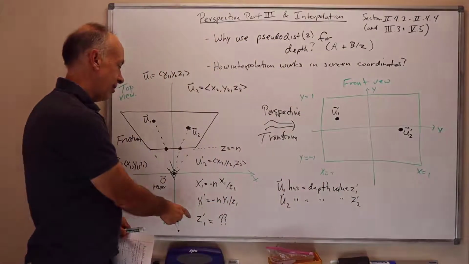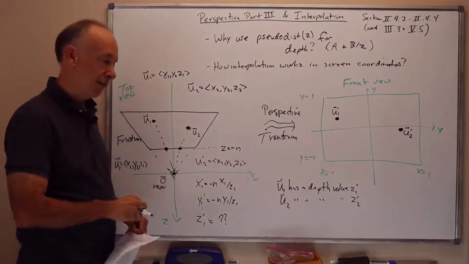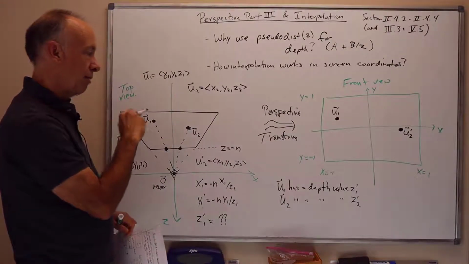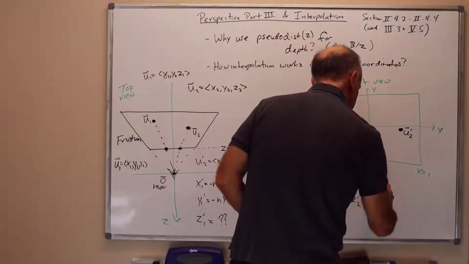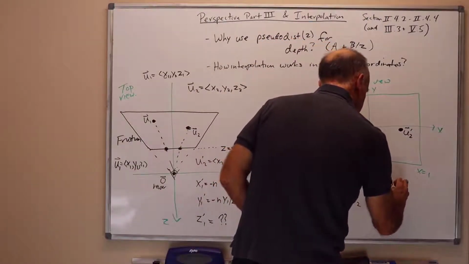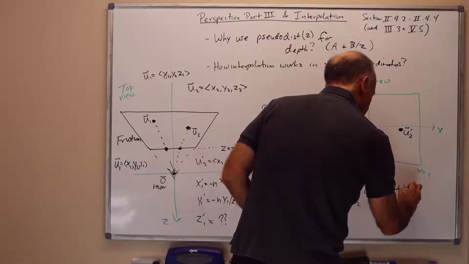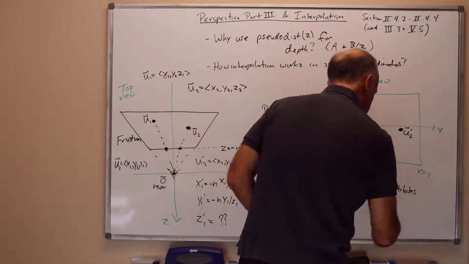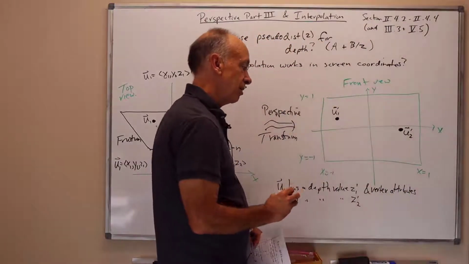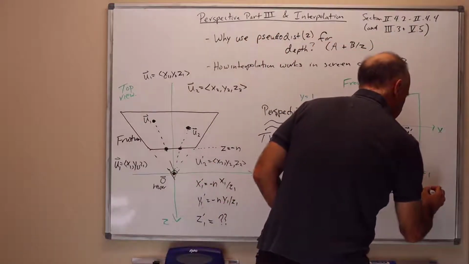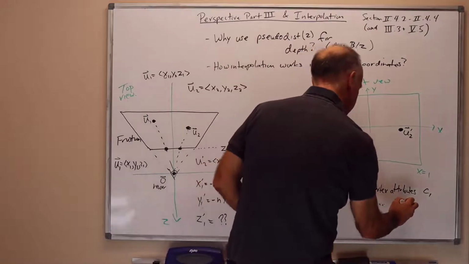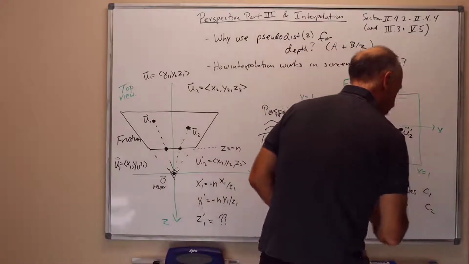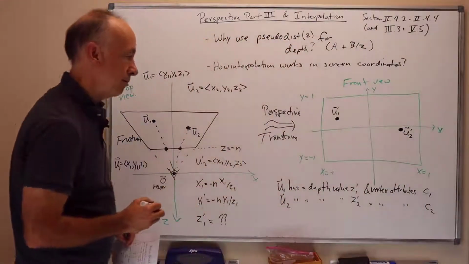And these are the things I left unspecified how to compute a moment ago. They also have vertex attributes. For instance, they might have color, they might have texture coordinates, and so on. So in particular, let's say U1 has a color C1, and likewise U2 has a color C2. Just for example, I'm using color here.